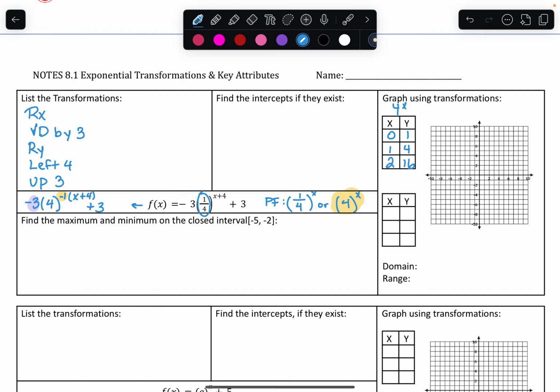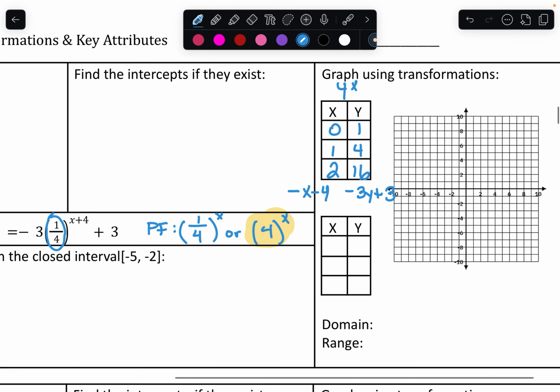Applying the transformations to the y values, this is going to be -3y plus 3. And then to the x values, we should get -x minus 4. Okay, multiplying, we get -4, -5, and -6.